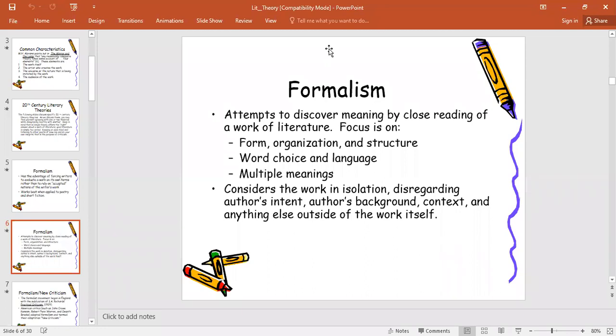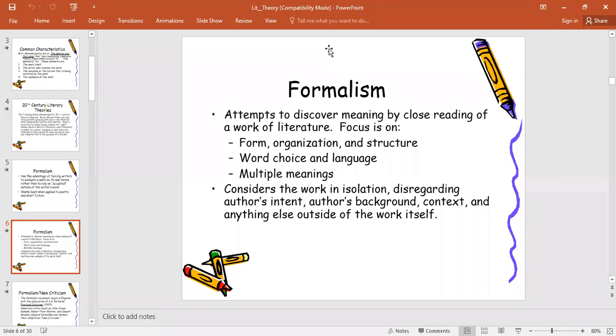Consider the work in isolation, disregarding author's intent, author's background, context, and anything else outside of the work itself. It means that we will have to focus our attention towards the piece of literature, or whatever is before us, and putting aside author's intention, his background, his context, and anything else.